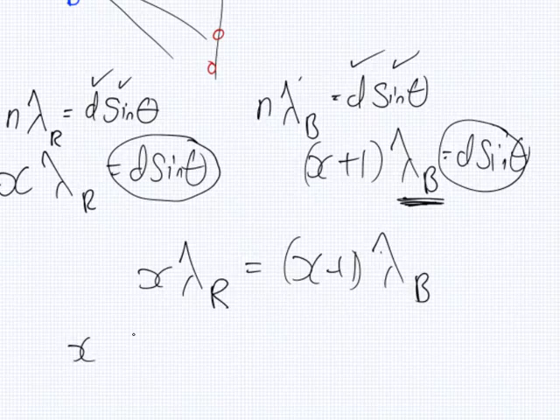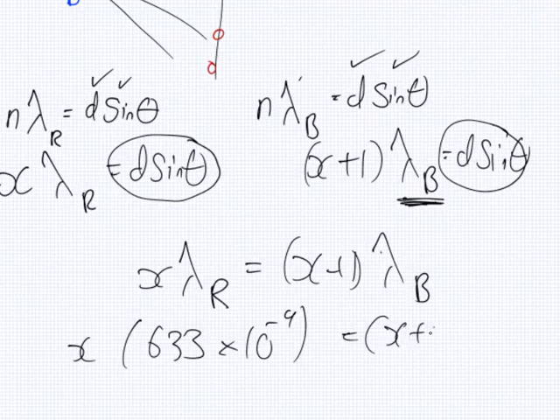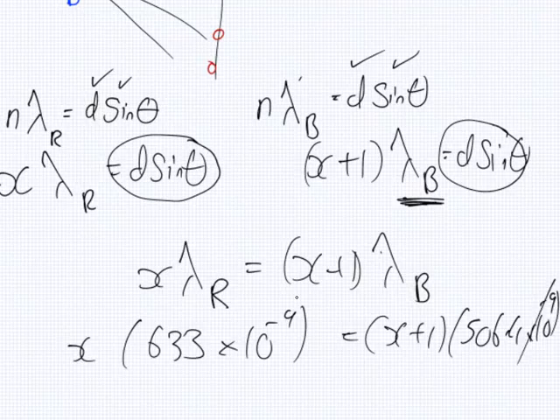The wavelength of the red one was 633 nano, and for the blue one, it was 506.4 nano. So I can cancel nanos on both sides, and I'm left with 633x equals 506x plus 506.